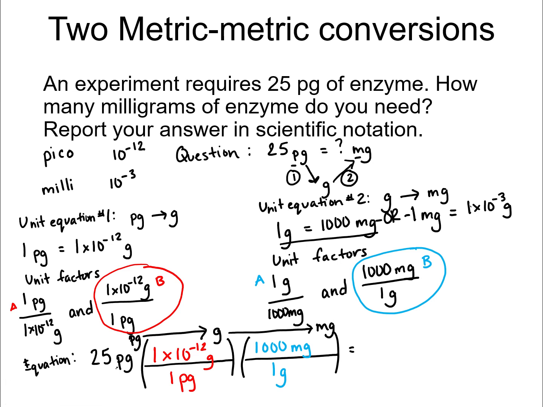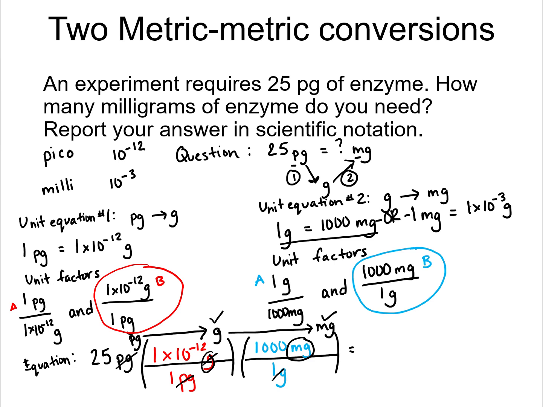We go through and double check. Our picograms cancel out to give us grams. That's what should happen with the first unit factor. In the second one, we're canceling out those grams, and we're left with milligrams, which is what should happen. So, if you didn't get an answer, that's okay.